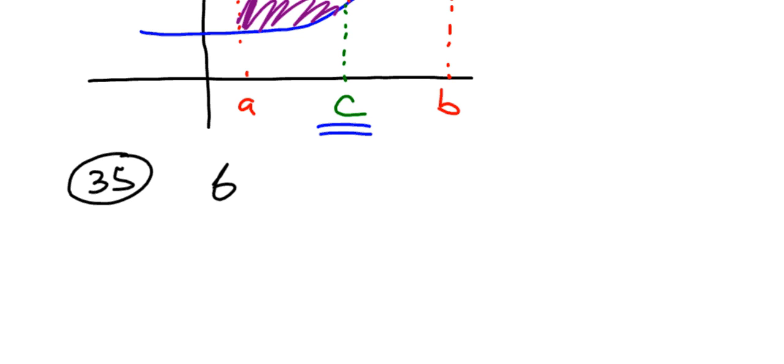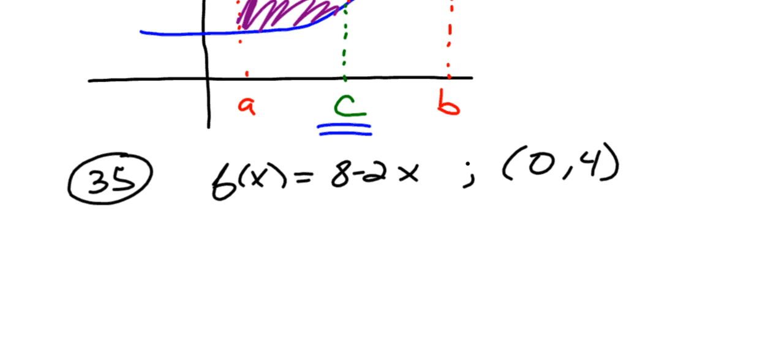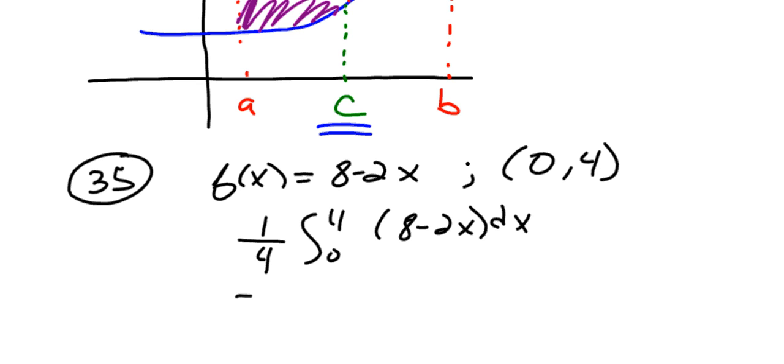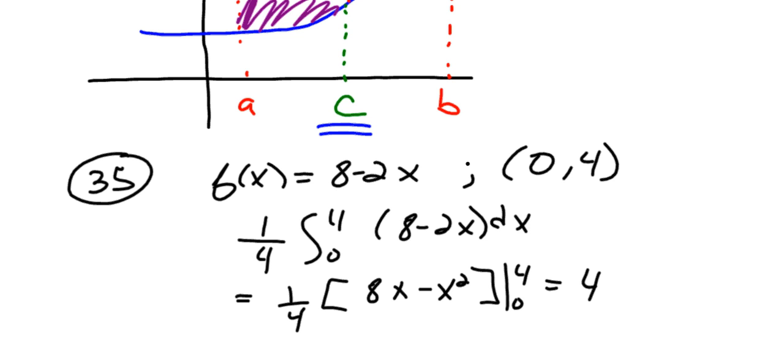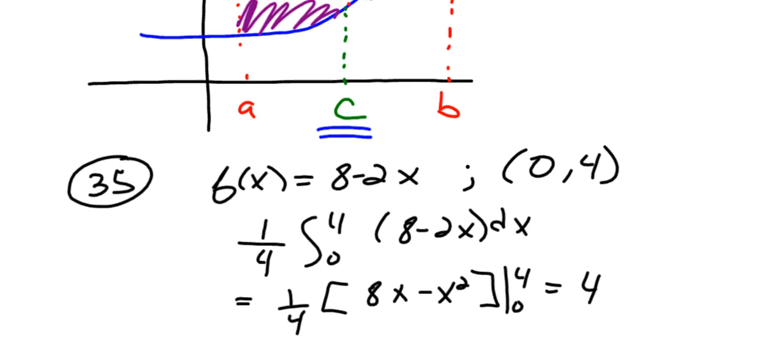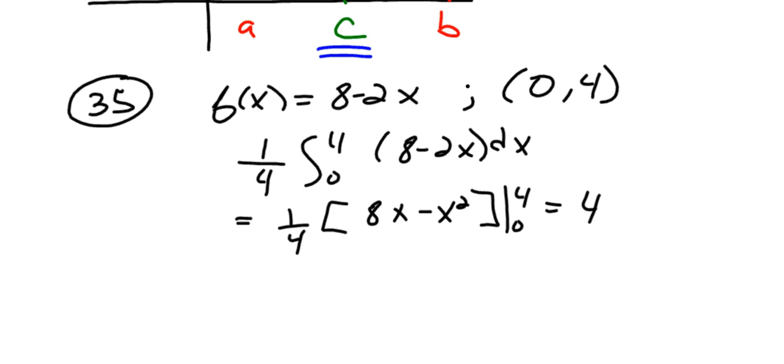So if I'm given the function 8 minus 2x, and we're going from 0 to 4, I'm going to find the average value of this integral. And I see that it comes down to just 4. 4 is not my answer. 4 then helps me find this point C in the equation.